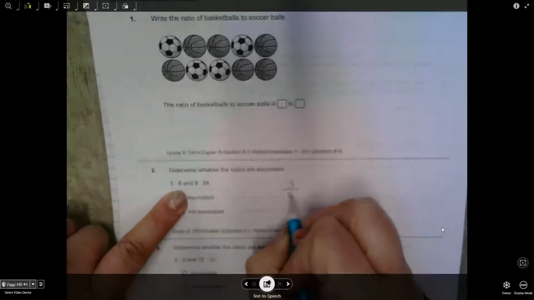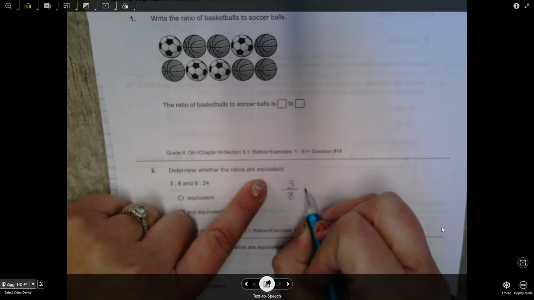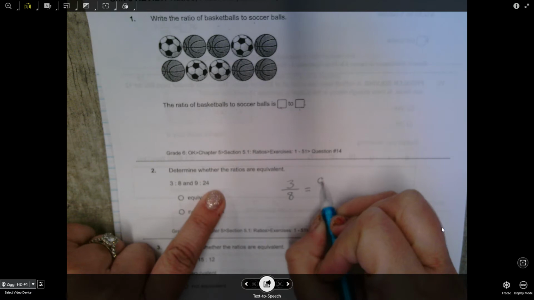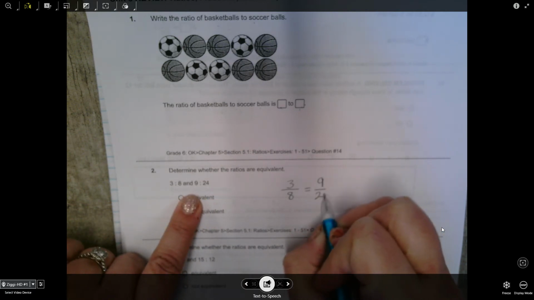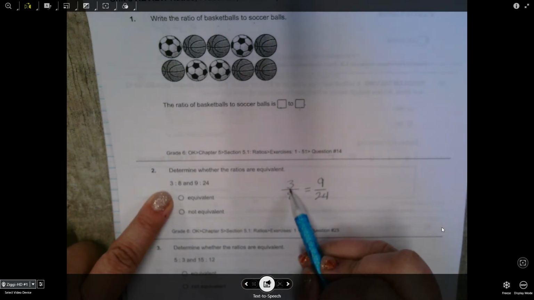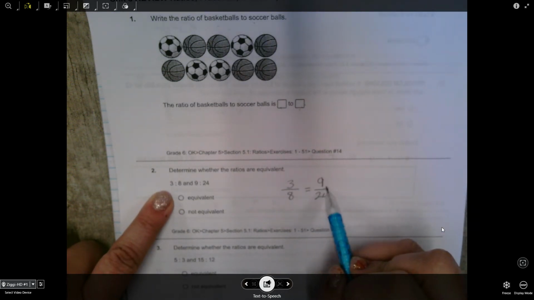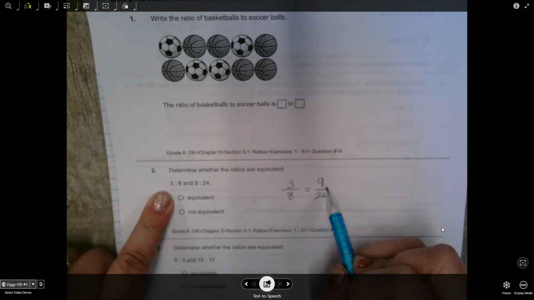Second number would be your denominator. Equivalent means equal to the second ratio. Yes? So then we have to see, how can you get from 3 to 9? Because when we find equivalent fractions, you multiply or divide by the same number on the top and the bottom.